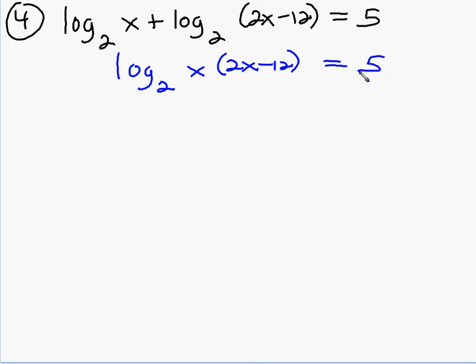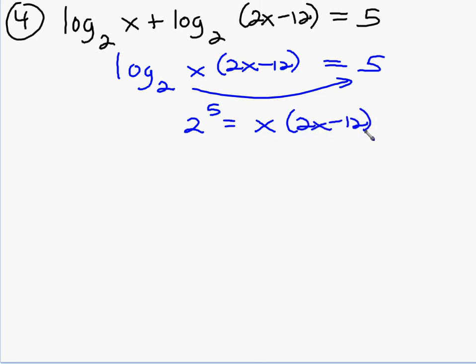So you have to pay attention. Sometimes you can do the one-to-one property, sometimes you can't. Now I can do the switcheroo, and I have 2 to the 5th equals x times 2x minus 12.